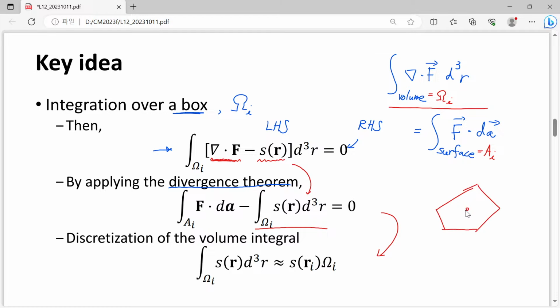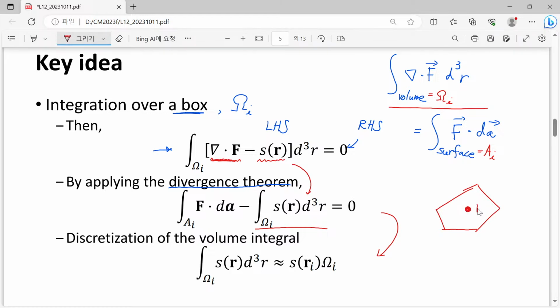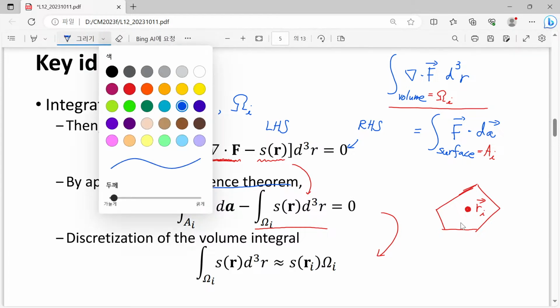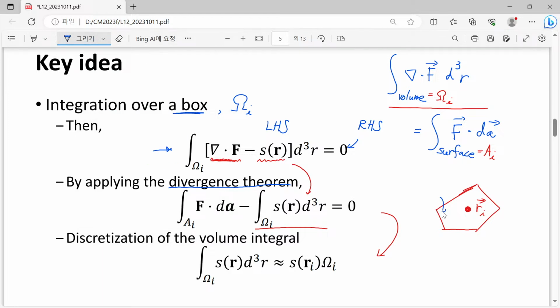Let's say that here we have a certain point, and let's say this is R sub I. What we have to do in reality, in order to be really exact, is to know the S everywhere inside this box. Then we can calculate this integration.